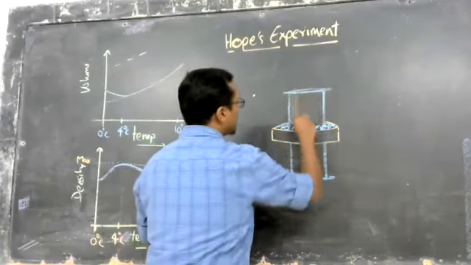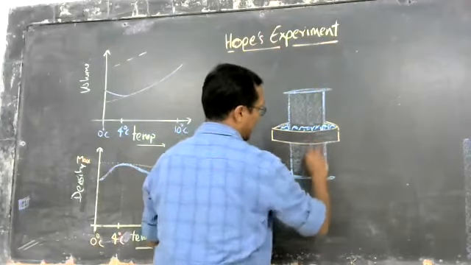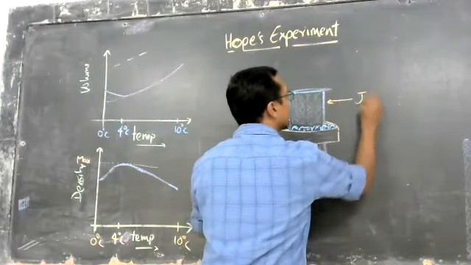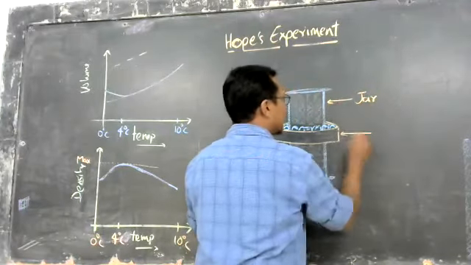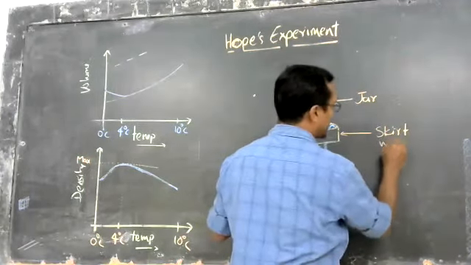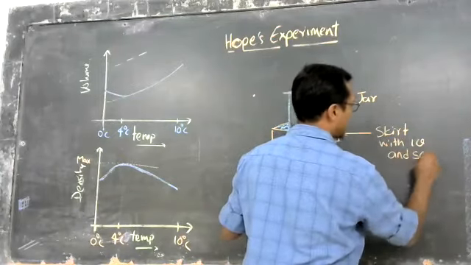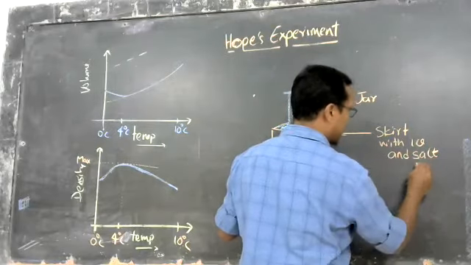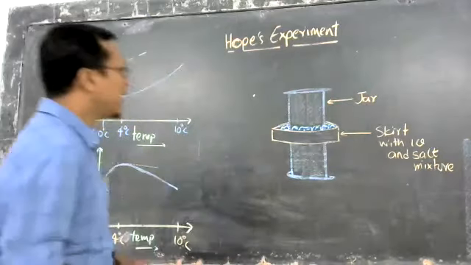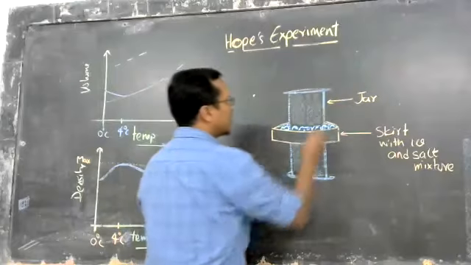Now you fill the jar with water. So this is your jar. This I call the skirt. Skirt with ice and salt mixed. Actually, that's the original experiment. So maintain it at 0 degrees Celsius, and then you go inside this water.